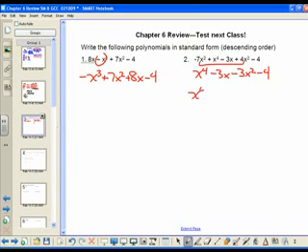Well, we have x to the fourth minus 3x squared minus 3x minus 4. Does it matter that we don't have an x cubed in this one? No. Doesn't matter that we don't have an x cubed. But you are going to have to combine those degrees. Questions about that?